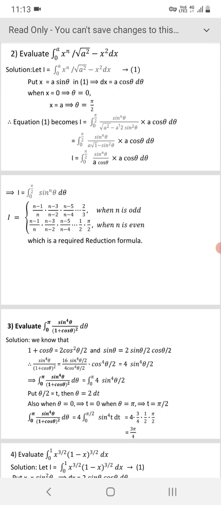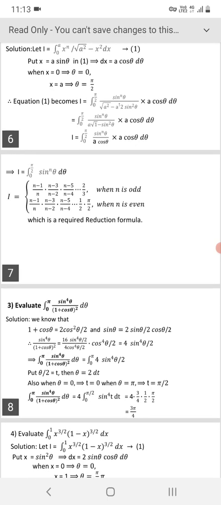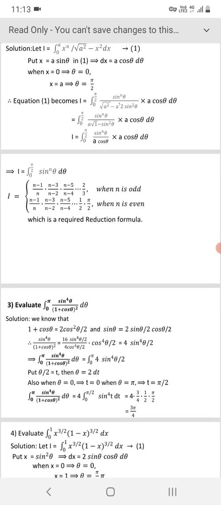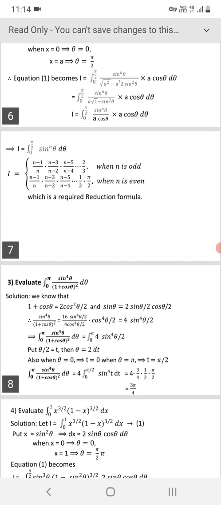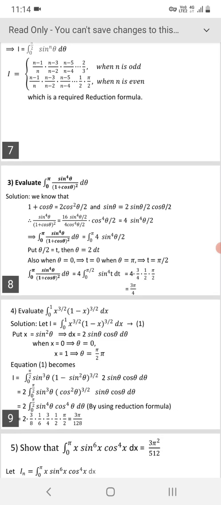Now this integration takes values according to our standard reduction formula for the integration from 0 to π by 2 of sin^n θ dθ. For n odd, it becomes (n minus 1)/n times (n minus 3)/(n minus 2) etc. times 2 by 3, and when n is even, (n minus 1)/n times (n minus 3)/(n minus 2) etc. times π by 2, which is the reduction formula for the above integration.